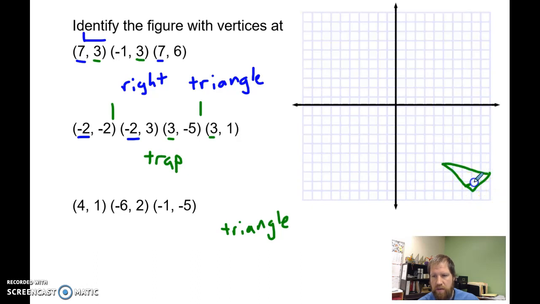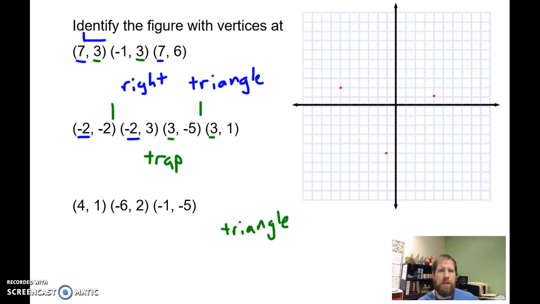Okay, this is still going to be a right angle, right? But let's go ahead and plot this one out since we can't really tell. So 1, 2, 3, 4, 1, 1, 2, 3, 4, 5, 6, 1, 2, and 1, 1, 2, 3, 4, 5.